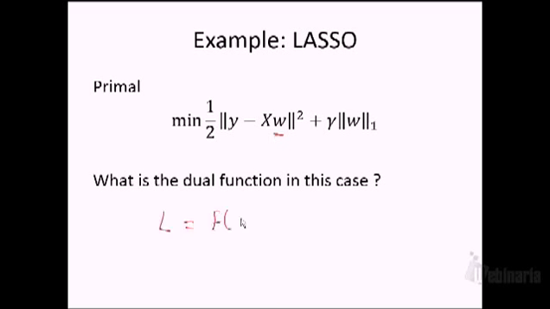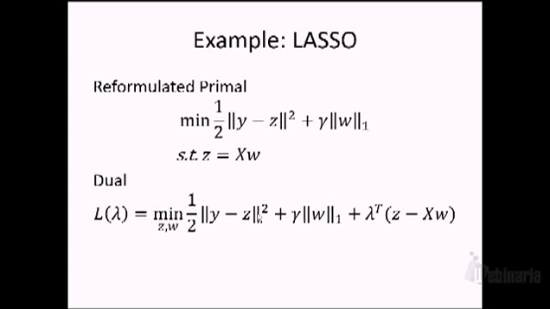The dual function is just the solution of the primal, and it's constant. And this doesn't seem to help that much. And so we will reformulate the problem in a way that involves constraints but results in an equivalent problem.